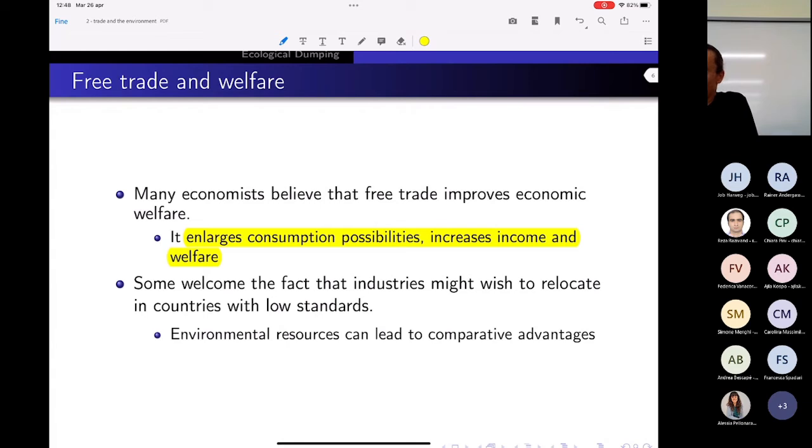And it may also be a positive thing that industries relocate to countries with low standards, because environmental resources can lead to comparative advantage.